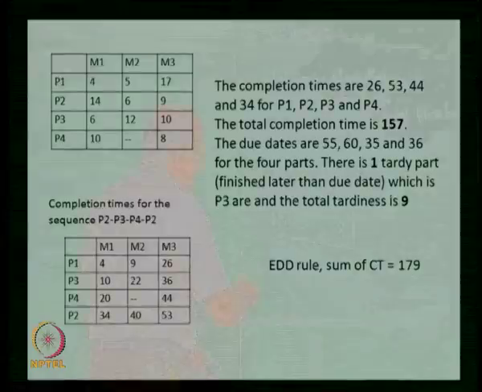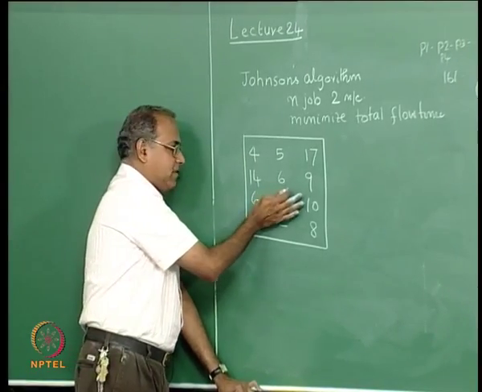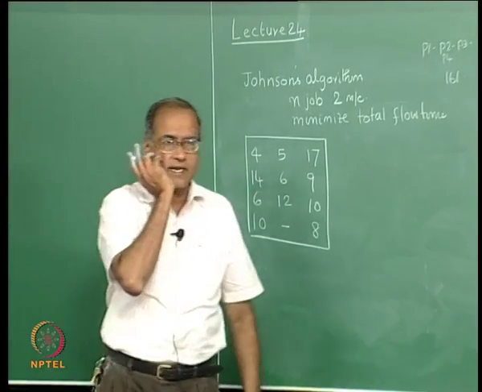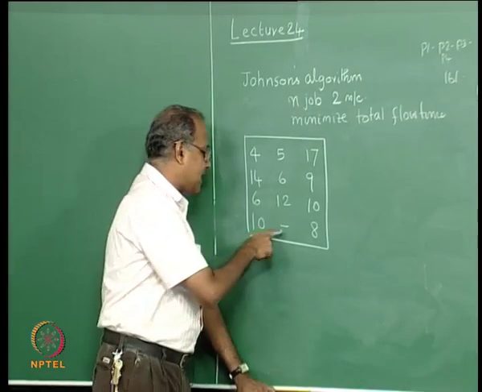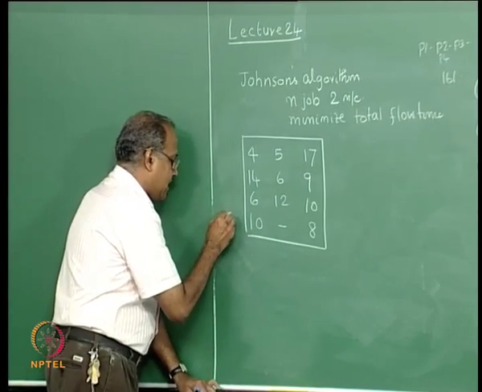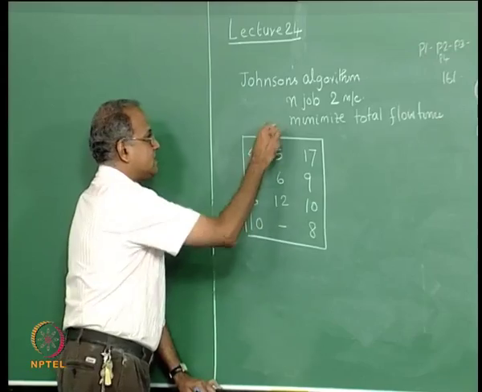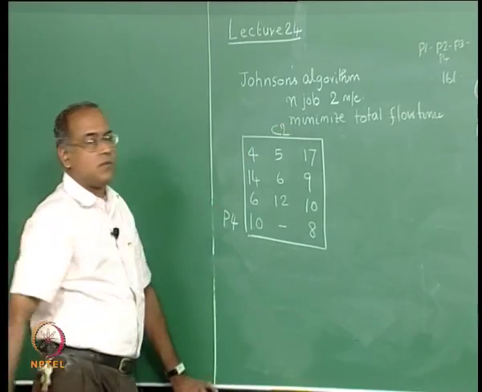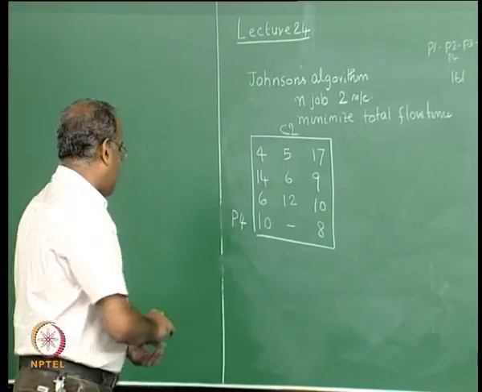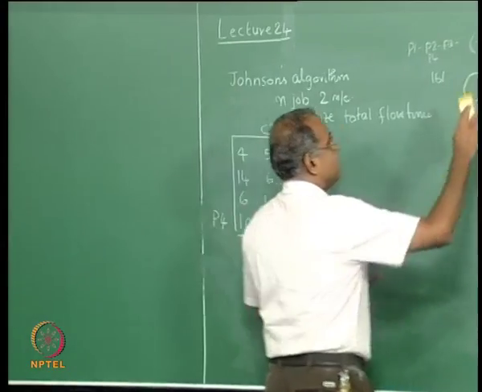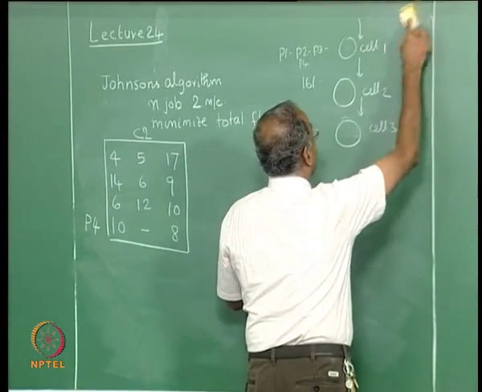Now, the only difference between this type of data and the previous data is that there is a dash here, which meant that part 4 does not visit cell 2, while all other parts visit the cells in the same order.